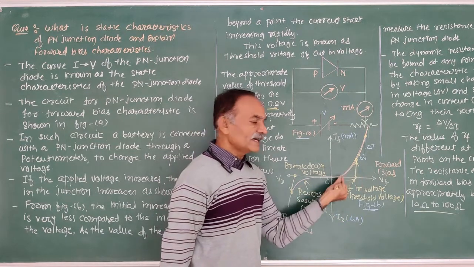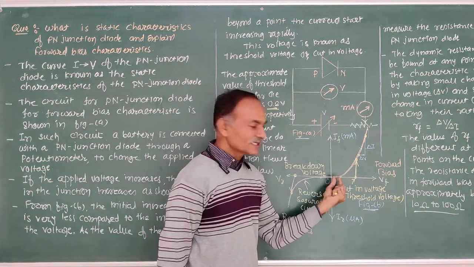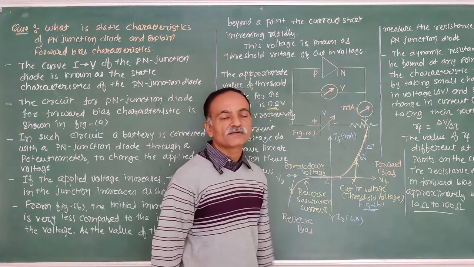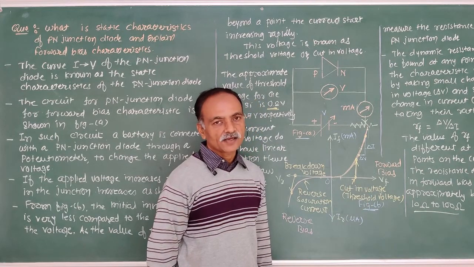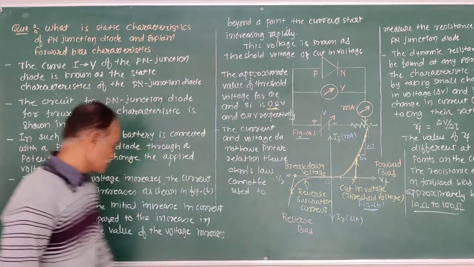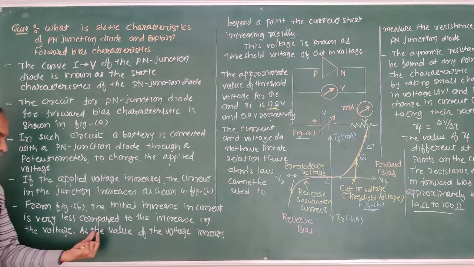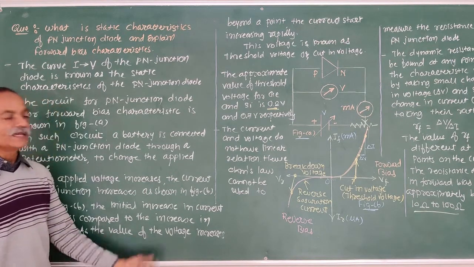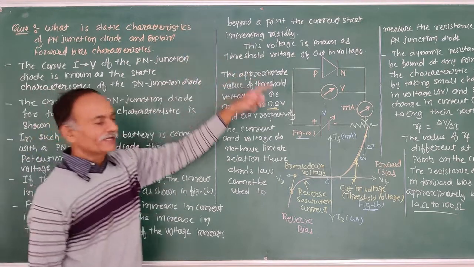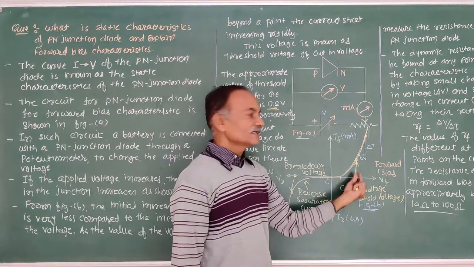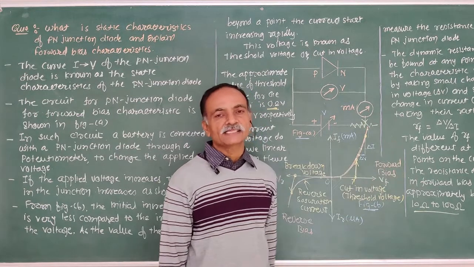The initial increase in the current is less compared to the increase in the voltage. As the voltage increases beyond a point, a rapid increase takes place in the current.